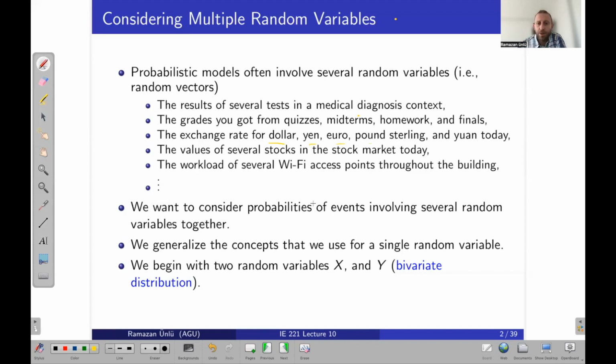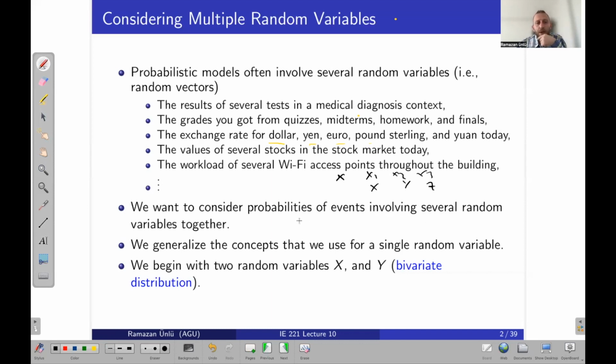Remember that so far we have worked with a single random variable, which we called X, right? Instead of X, assume that we have X1, X2, X3, or X, Y, Z. So there are different random variables, and they are connected with each other, which means each random variable will affect the probability of the other ones.